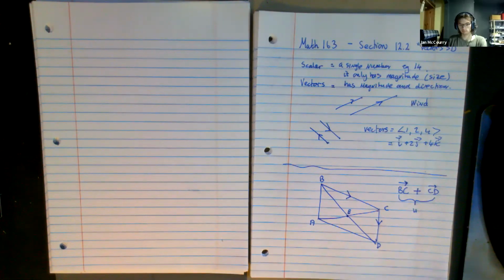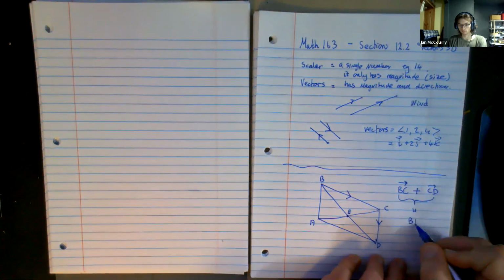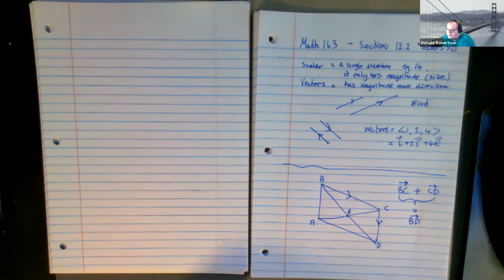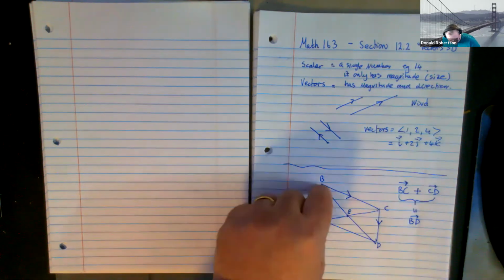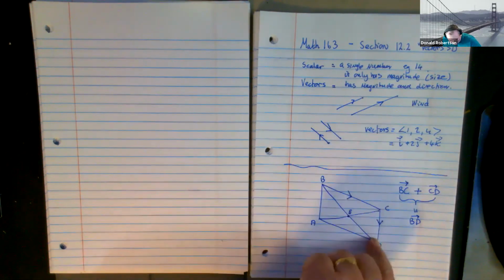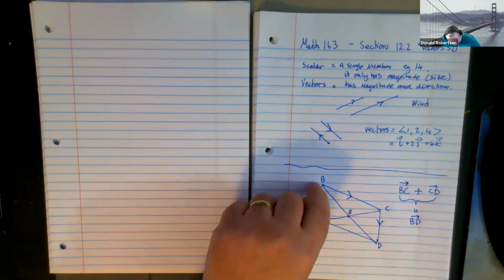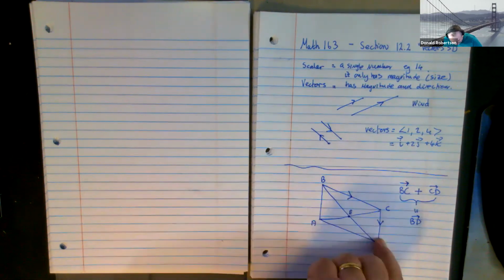BD. Does that make sense? That when you combine two vectors, what you're really doing is combining two journeys, right? Two direction magnitude combinations. I like the word journey in these stories. So you travel from here to here and then from here to here. But the overall journey is really just starting at B and finishing at D.